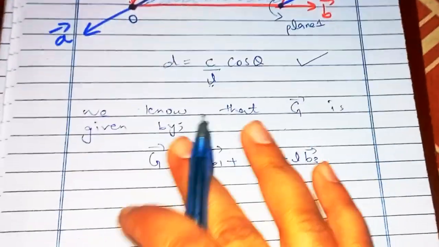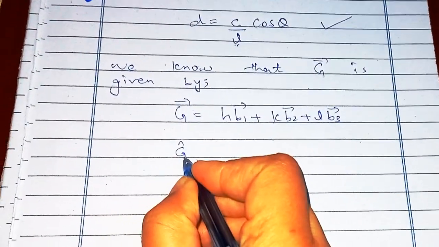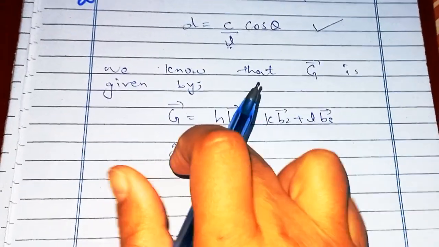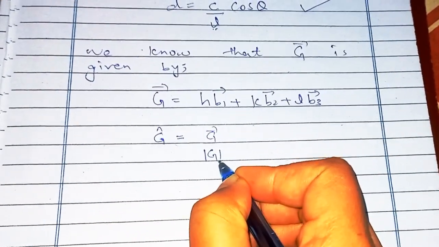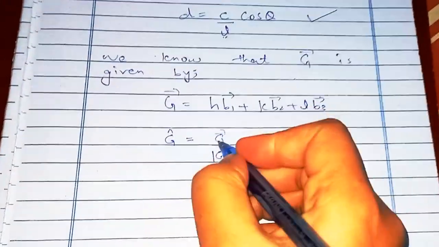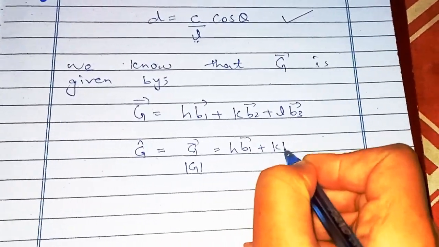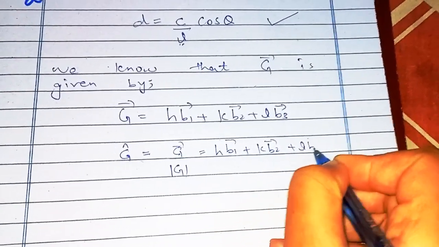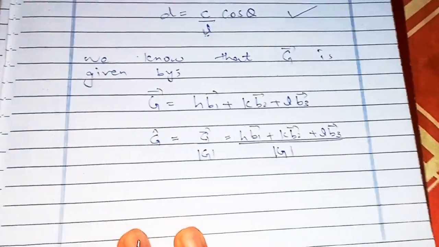Okay, so here is what we are going to do. We are going to find the unit vector of the g vector, which equals this vector divided by its magnitude. We'll keep the magnitude as it is because that is something we need in the final formula as well. Let's put in the value of the g vector: h b1 vector plus k b2 vector plus l b3 vector divided by the g magnitude.